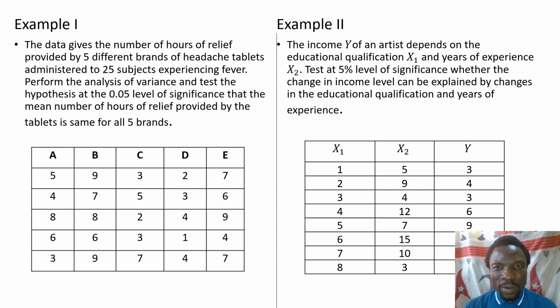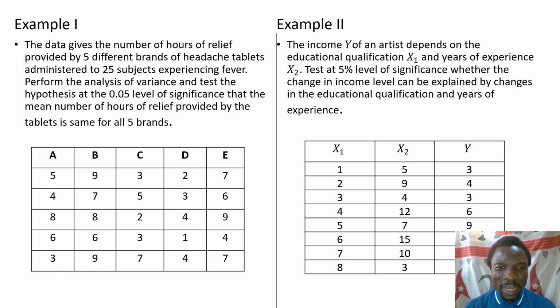Now consider the second example on my right. The income Y of an artist depends on the educational qualification X1 and years of experience X2. We might also want to test at 5% level of significance whether the change in income level can be explained by the changes in the educational qualification and years of experience of the artist.